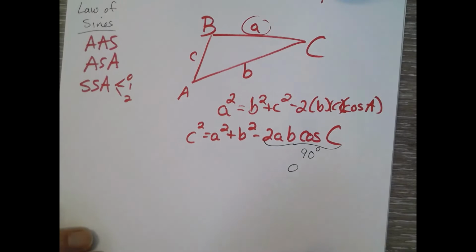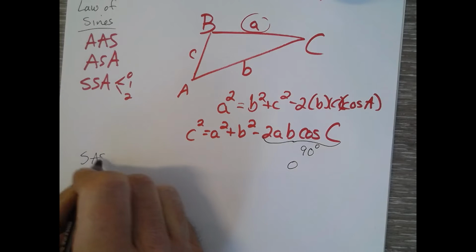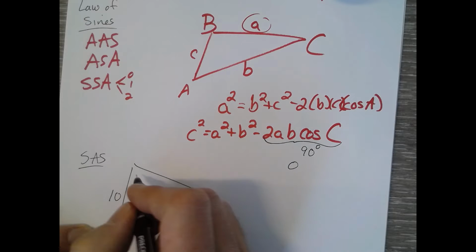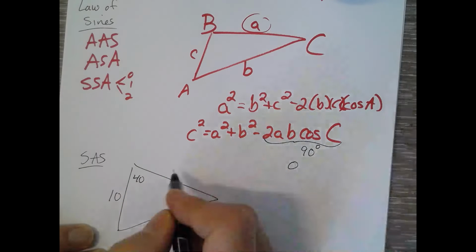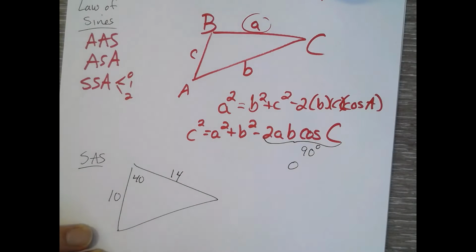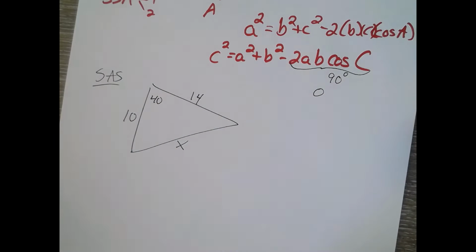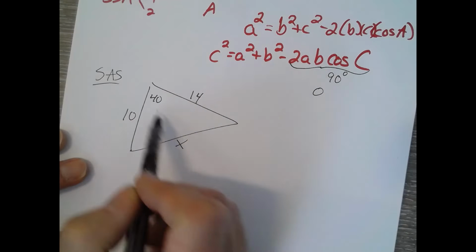All right, so this will make more sense once we have an actual example. So I'll start with a side angle side example. So let's say I've got 10, this is 40, and we'll call this 14. So let's see if we can find out what x is. We don't need to know A's and B's and C's, just that it's across from this angle.